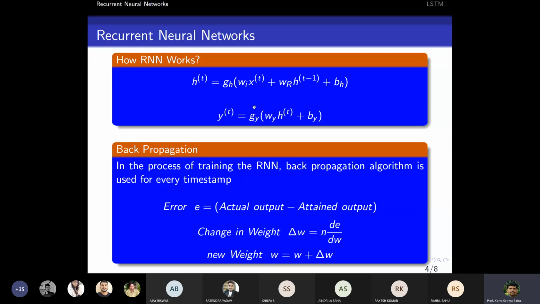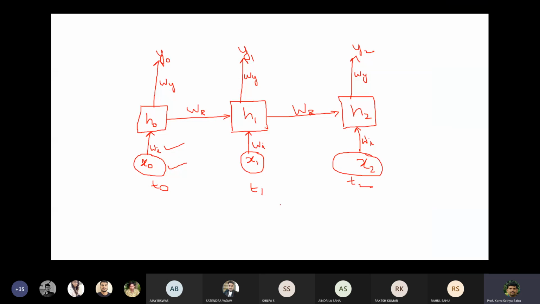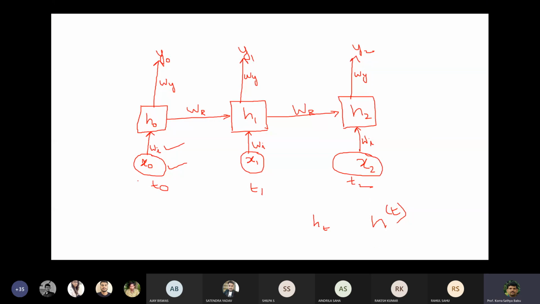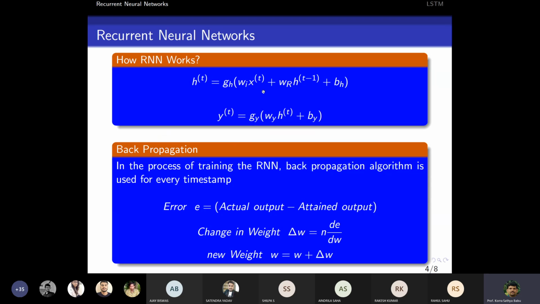Then you compute Wi x, where Wi x naught means this input multiplied, plus Wr h of t minus 1.